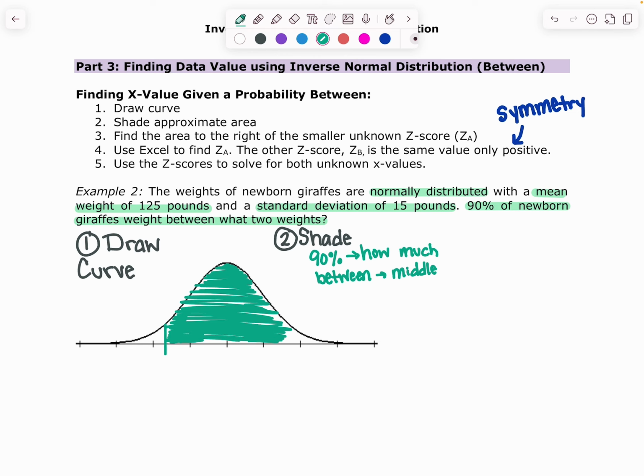And then right here is where my ZA is. This is on the lower side. And then up here is where I put my ZB for the higher one. So this middle section is 90% of the graph.